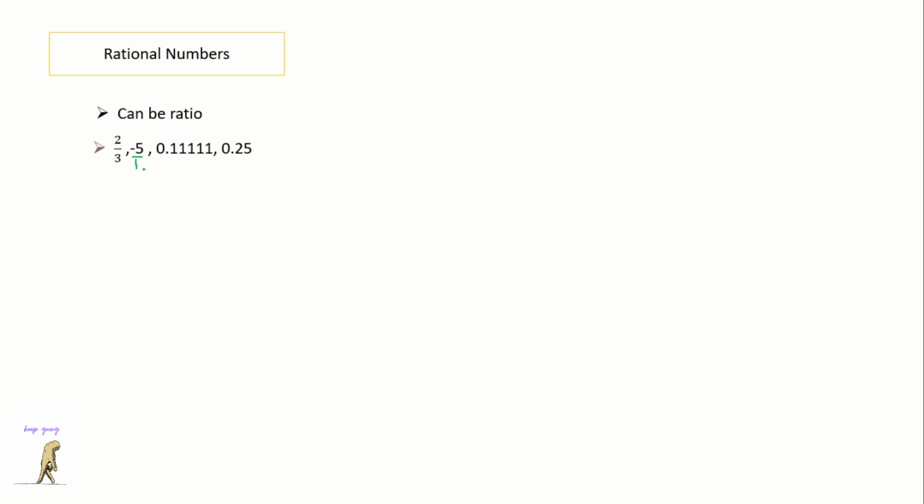Also, 0.1111 is equal to 1 over 9, so it can be put into a ratio. And 0.25 is equal to 1/4, so it is a rational number.